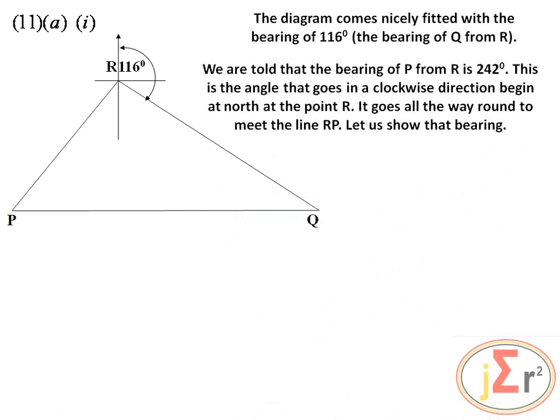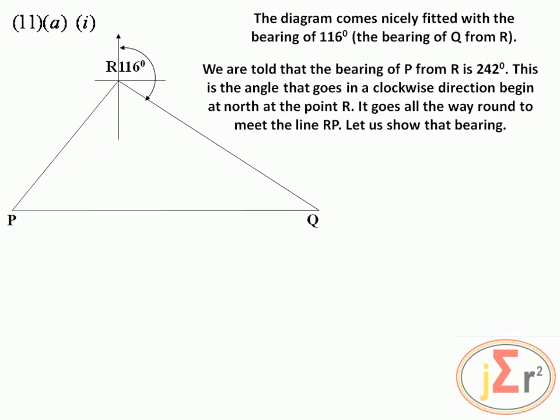We are told that the bearing of P from R is 242 degrees. What does that mean? That means that there's a line that goes from R to P. Since the bearing is taken from R, the north line needs to be at R because the angle needs to be at R. That is the angle that represents the bearing.